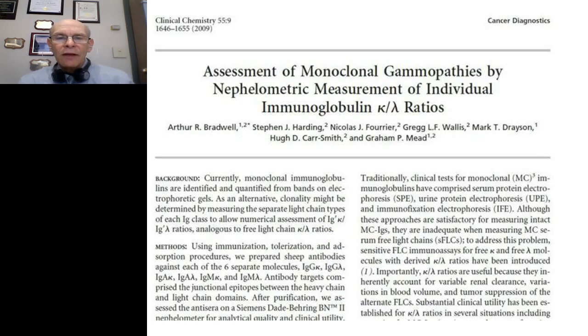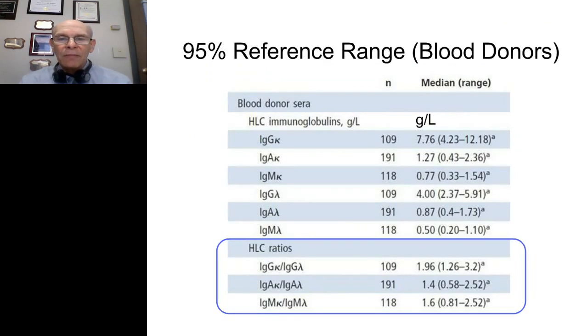Bradwell and colleagues got together again and created a very unique product. They found that they could create antibodies that would identify specifically IgG kappa molecules versus IgG lambda molecules, and IgA kappa molecules versus IgA lambda, etc. Here's a table from their paper showing how they developed their 95% confidence interval.